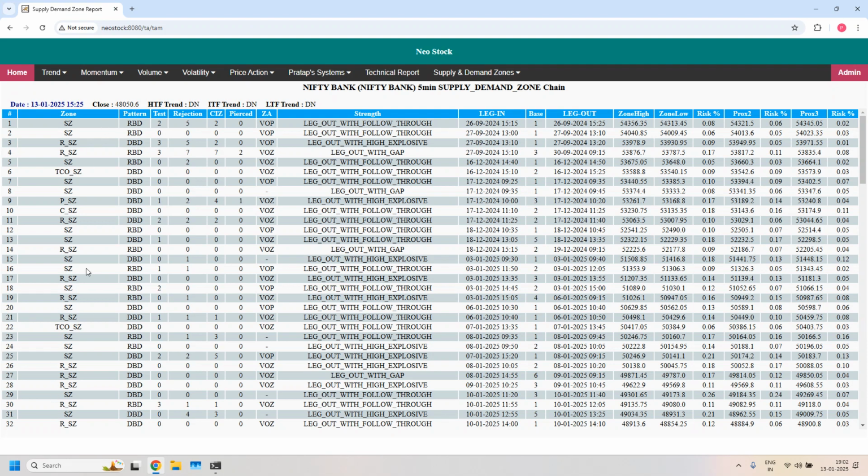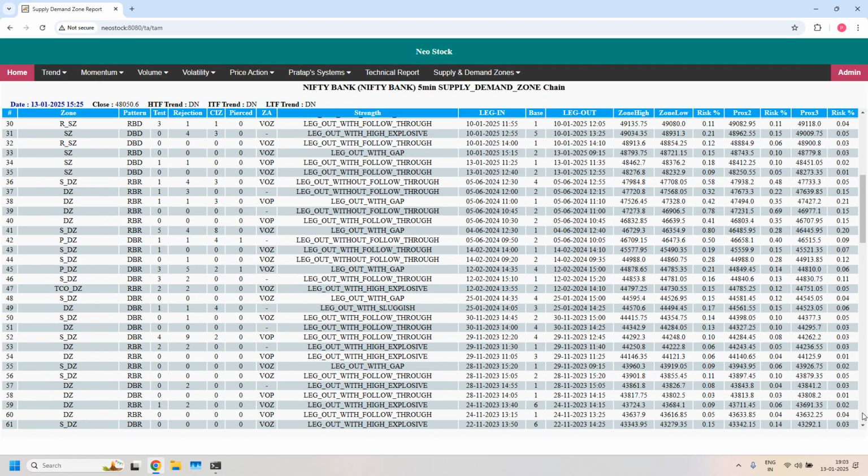All are supply zones. I'm scrolling the list down to find the demand zones. So from here you have the demand zones. Okay, this is about Bank Nifty supply demand zone chain.